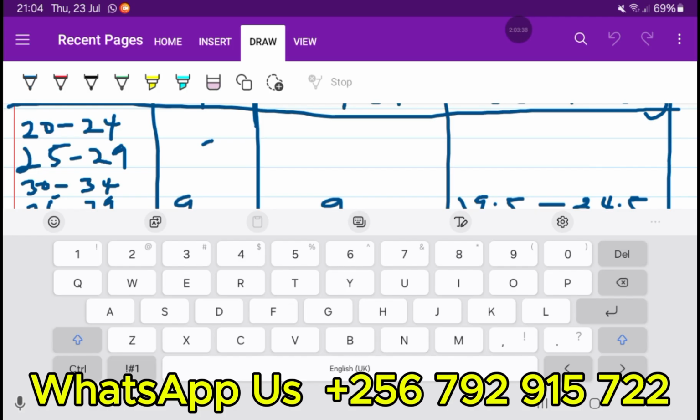There are options where we can just plot and then we draw a graph, and on that graph we start estimating. I explained how to draw a cumulative frequency curve, and we said it's the same as an ogive.